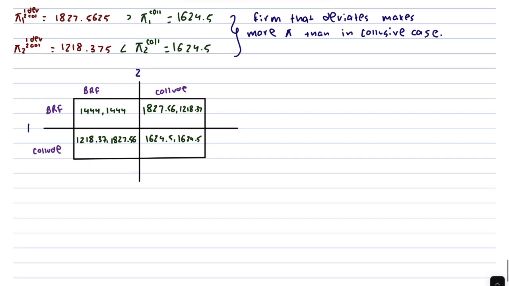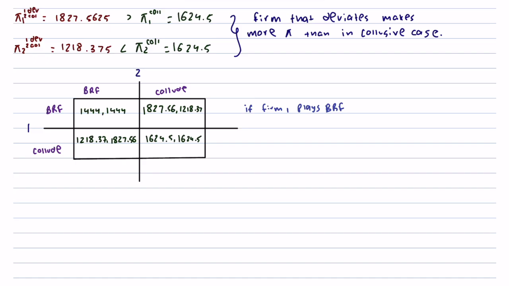Now let's show that collusion is not a Nash equilibrium, right? The way we're going to do this is, if firm 1 plays their best response function, which is these two boxes right here, because firm 1 is on the x-axis, BRF is here. So we know that if firm 1 plays BRF, we're deciding between these two boxes, right?